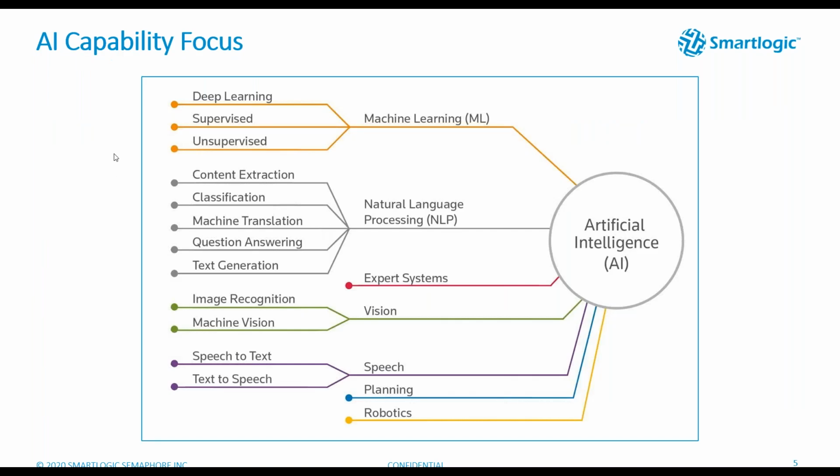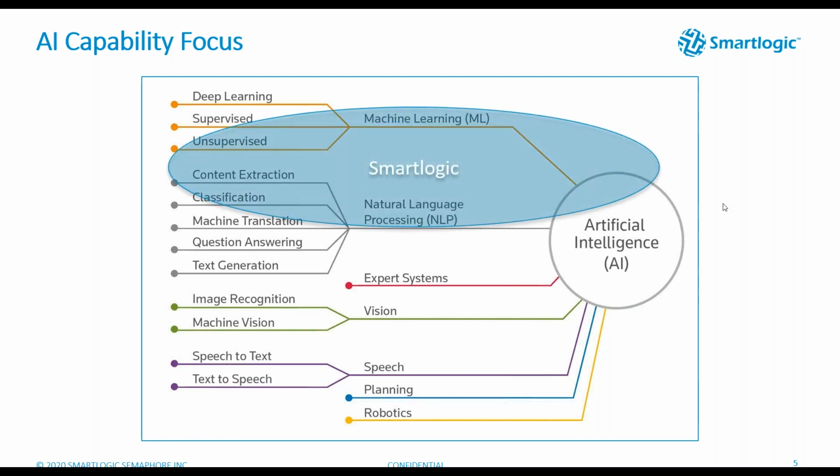When we look at the overall spectrum of what artificial intelligence covers, this is where Smartlogic is focused, with our machine-trained NLP engine combined with the rich semantics that we add through our modeling capabilities. When we combine those two, that's how we deliver the capabilities that we have.